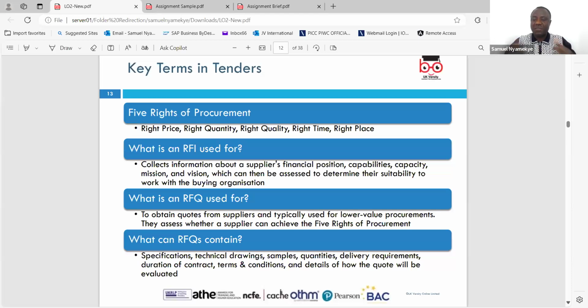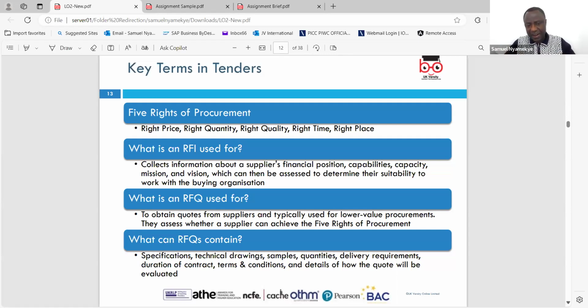So you can request information about them, and they would have to bring that to show that, yes, we've done it before. We have references. We've done it for a few companies. These are the references. If you want to get in touch with them, this is the value of contracts that we've done in the past, just to show that they are up to it.